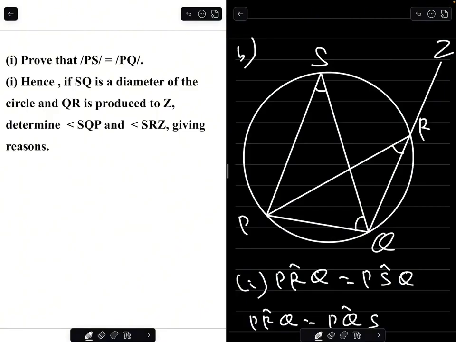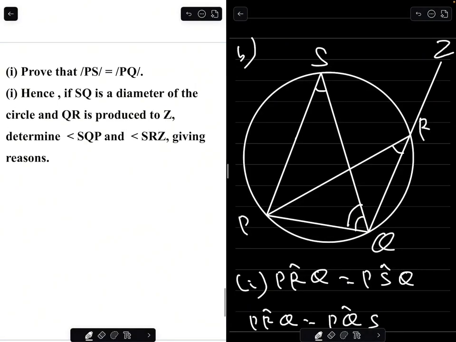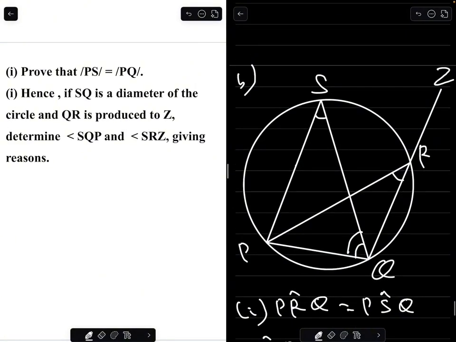To find angle SRZ, I have to join S to R. So how do we do that?